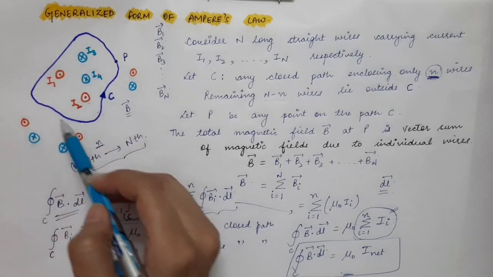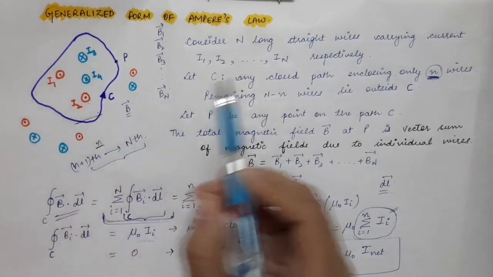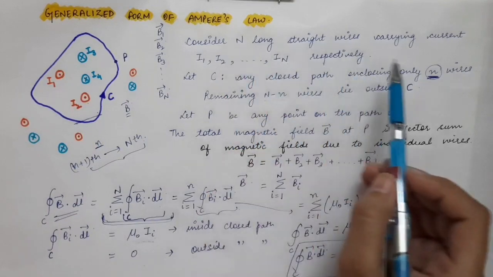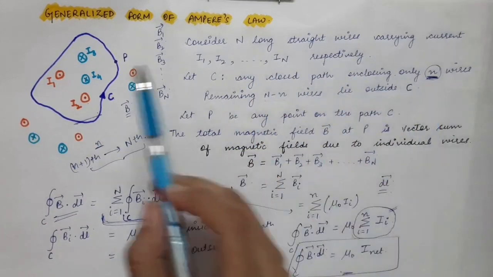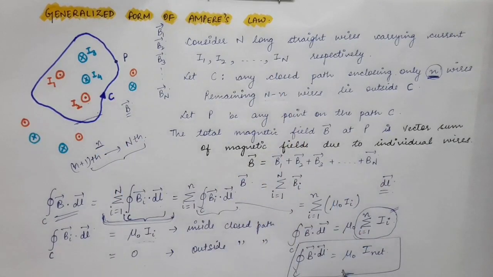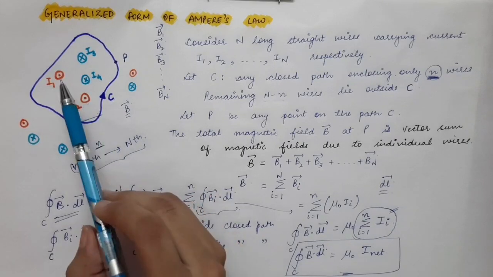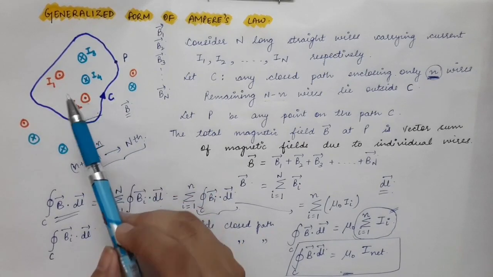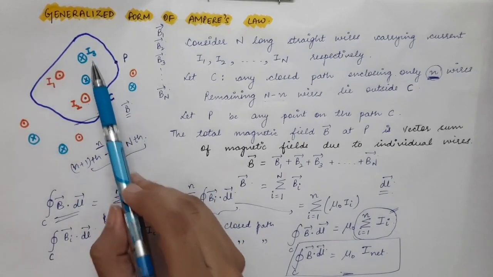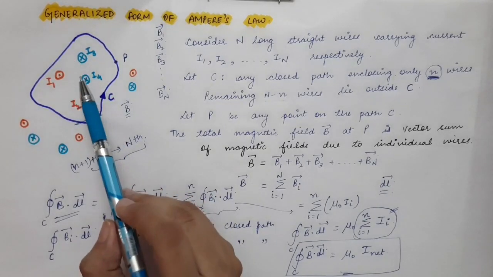So if you take into account only this diagram, in the derivation we supposed that n number of wires are enclosed within the closed path. So this is a general derivation. But in this diagram, I1 and I2 are directed towards the observer, and I3 and I4 are directed away from the observer.